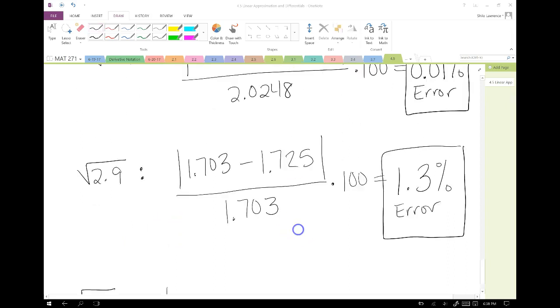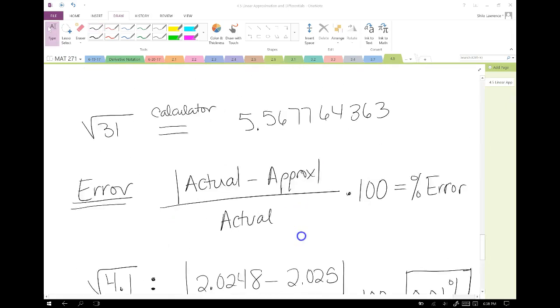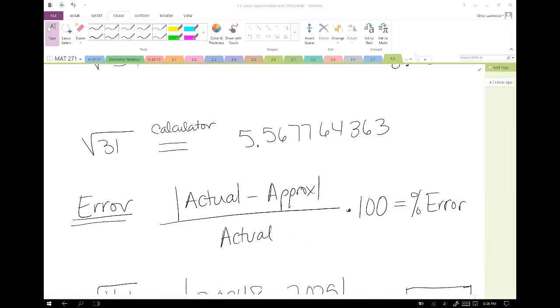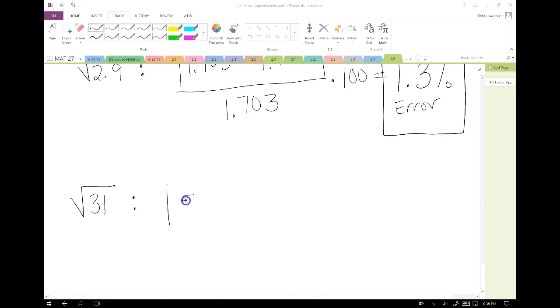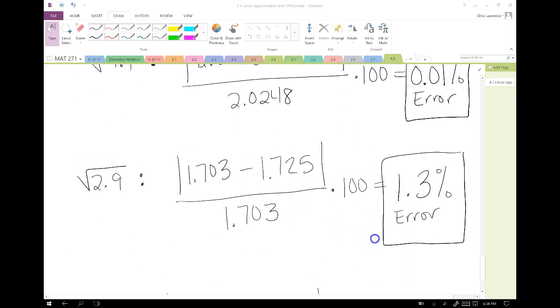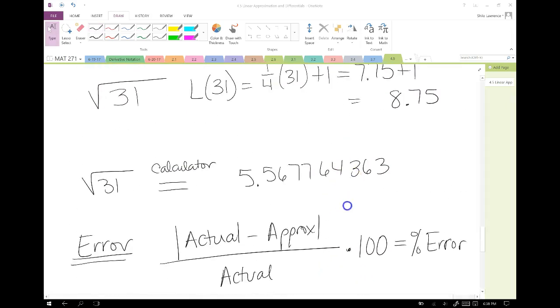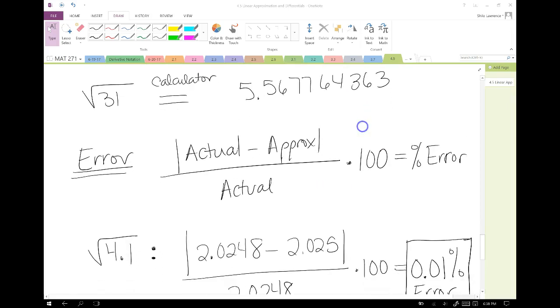The actual value for square root 31 was 5.568. And then our linear approximation said it was going to be 8.75.